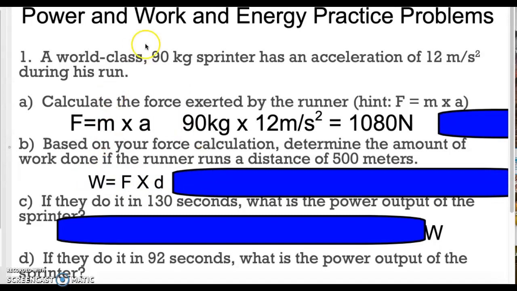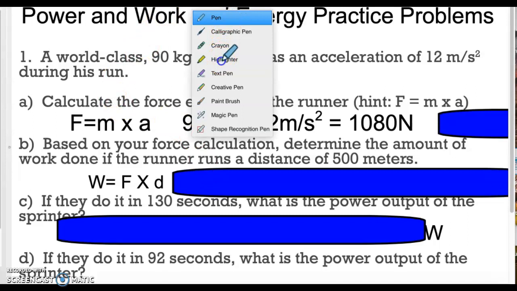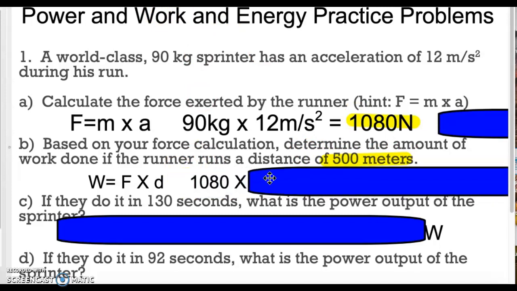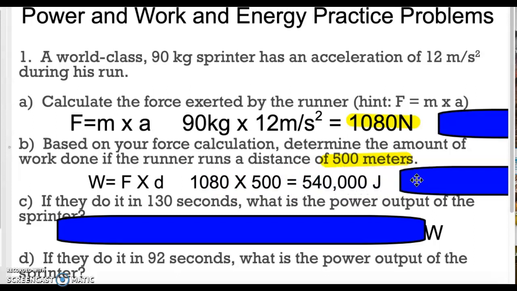We just found our force number from the previous question, and the problem says a distance of 500 meters. So now we have both of our numbers, and we can plug them into the formula. Force is 1,080 newtons times the distance, 500 meters. If you put that in your calculator, that should be your work, 540,000 joules. Don't forget the J for the unit for work.